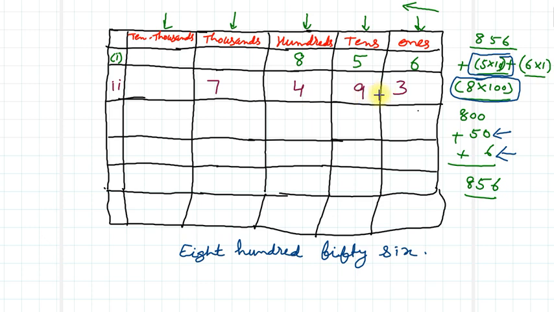First of all, we will try to understand it from the extreme left. If you have understood it well, then you can write it as 7,000. 7 into thousands is equal to 7,000.